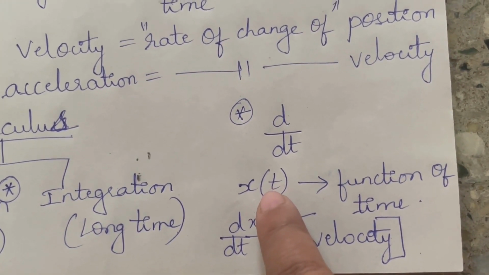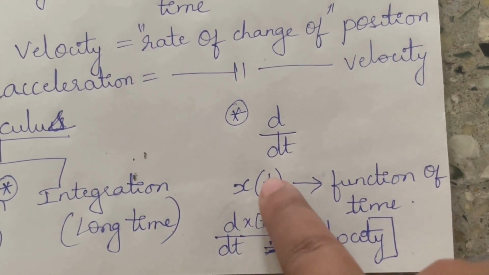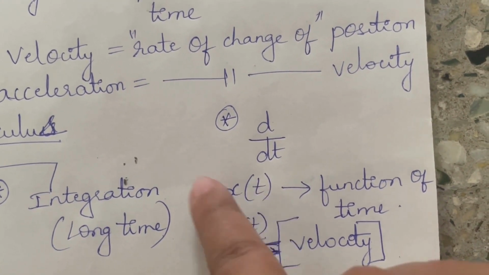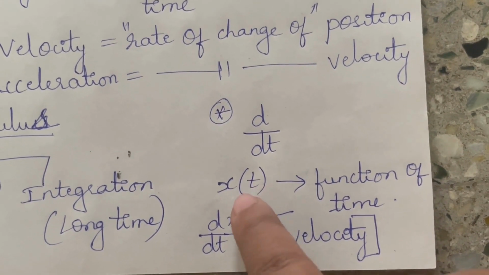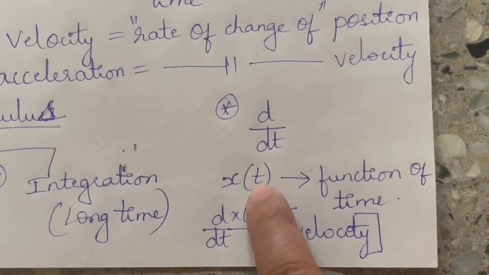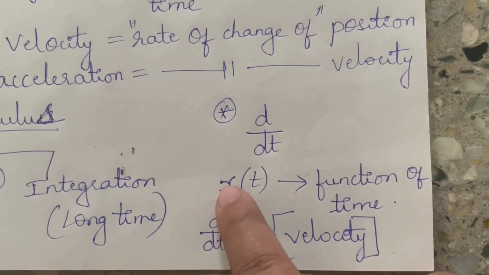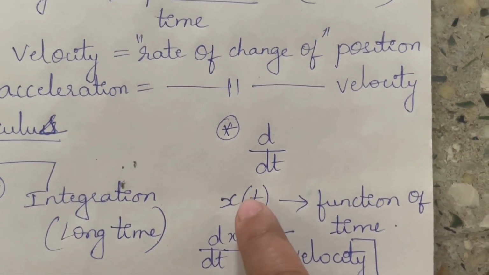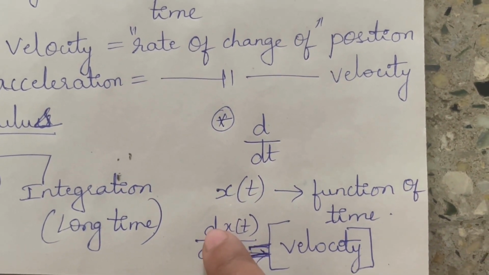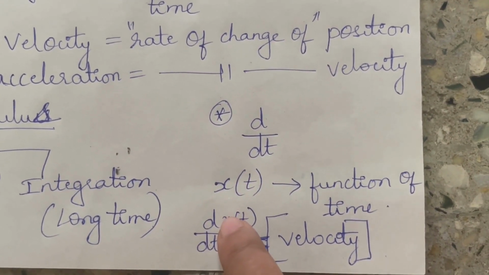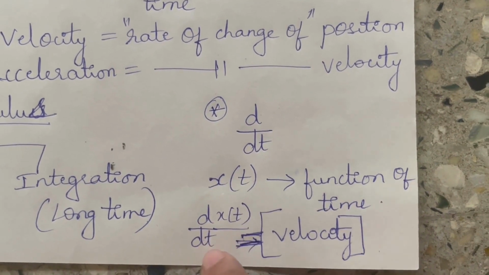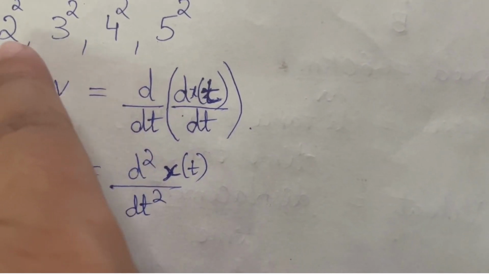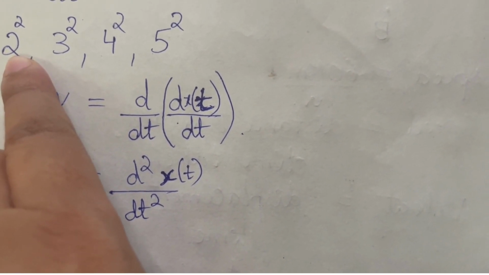I have already learned in coding. This is input variable, this is output variable. I change something in this and I see how the whole thing changes. So that's all it is. Here we are making some change and we are seeing how this will change. And this is x of t, this is velocity. So when I say d by dt of x of t, that is dx of t by dt. This is velocity.